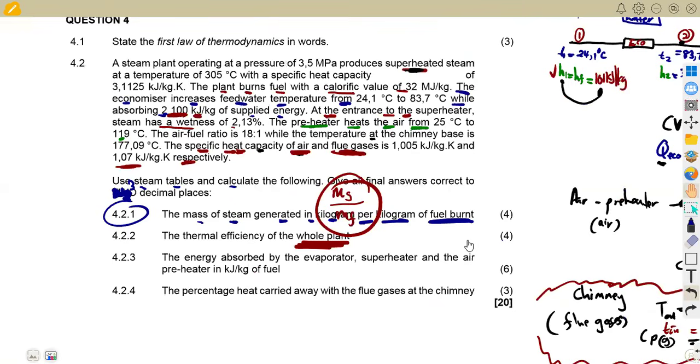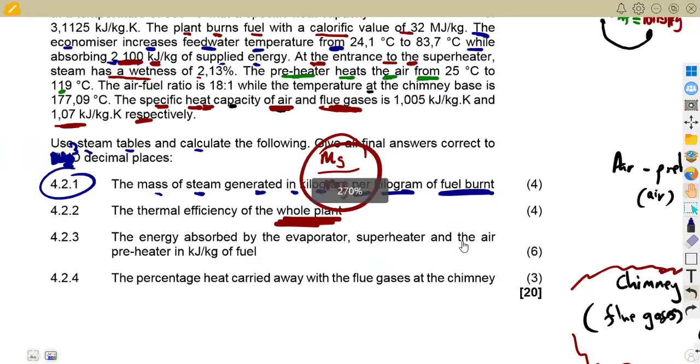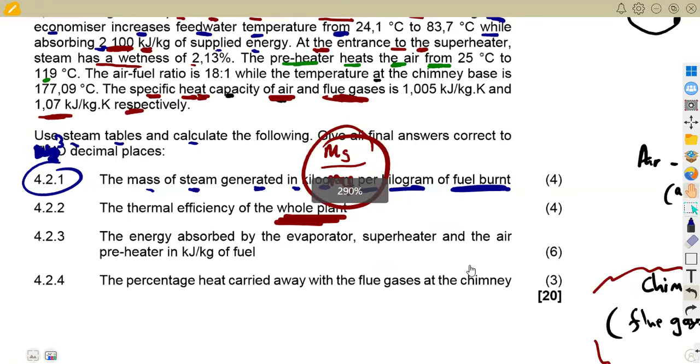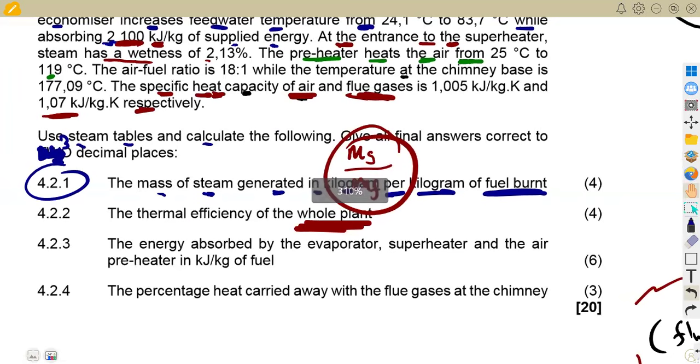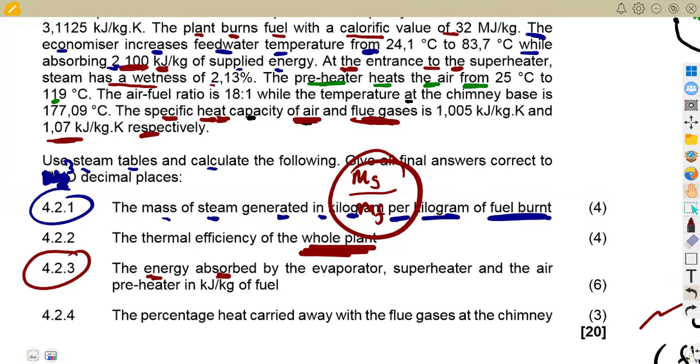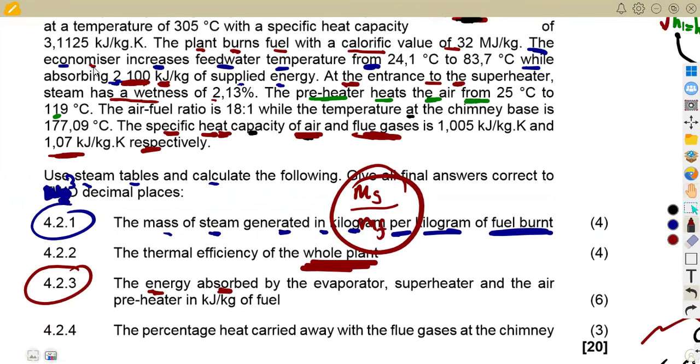Then let's see another part. They are saying, here we have to be very, very clear. There are so many things that we need here. They are saying 4.23, the heat energy absorbed by, just like what we were given before here. Remember, they told us about the economizer, that it is absorbing this energy.